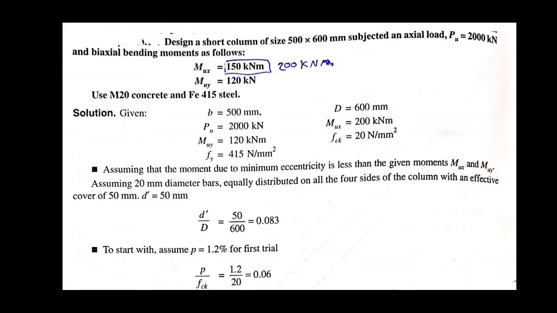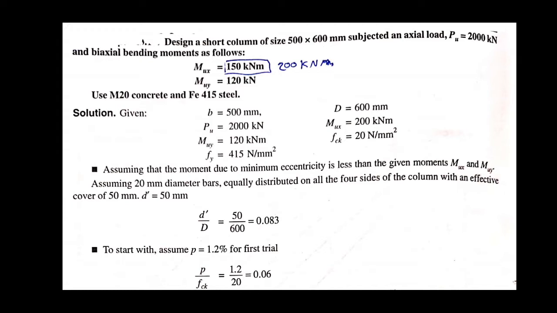Let us first read out the problem carefully. Design a short column of size 500 by 600 mm, subjected to an axial load Pu equal to 2000 kilonewton and biaxial bending moment as follows: Mux is 200 kilonewton meter and Muy is 120 kilonewton meter.